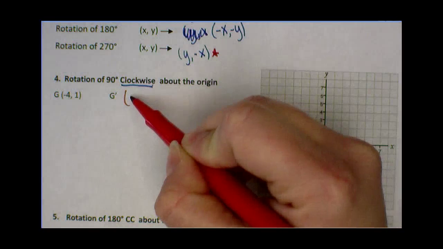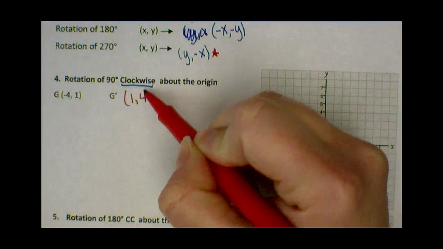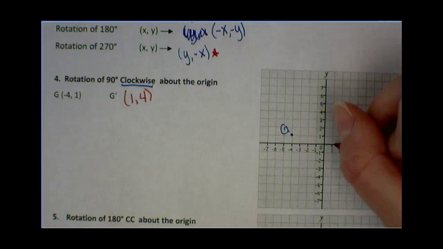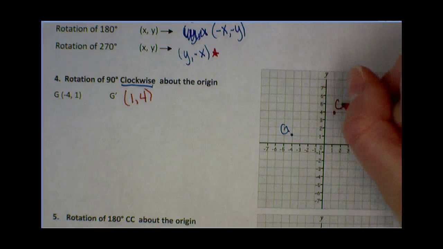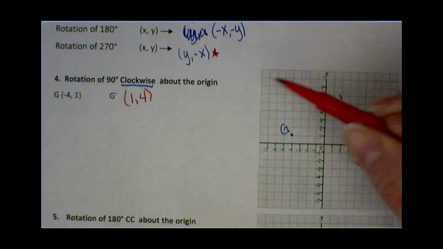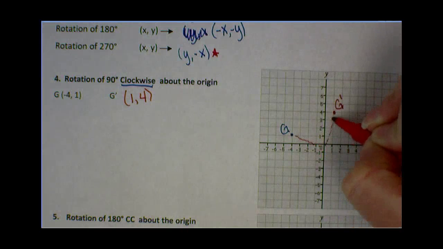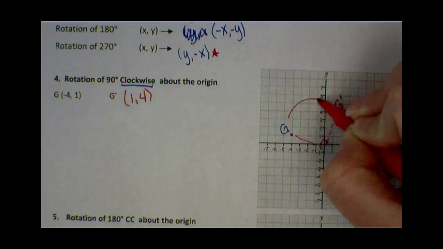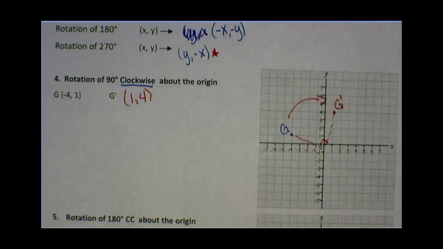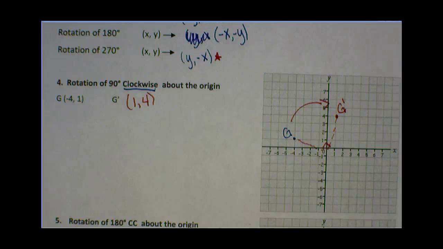So it'd be 1, 4. Perfect. And if you performed that, notice we did 90 degrees clockwise. If I drew in my segments to the center, it is 90 degrees and it is going in the clockwise direction. Perfect. And however you turn your paper, it won't matter to us.